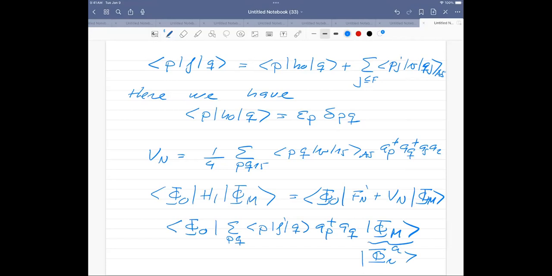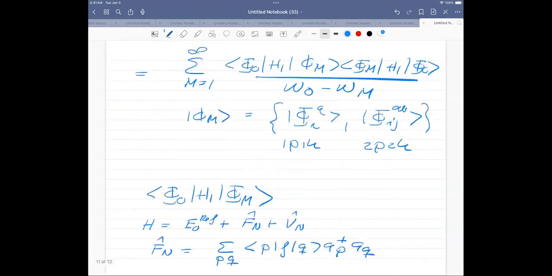So the only possibility here is that I'm looking at a specific contraction of the type AP, AQ of A of AI. And this is the only contraction which is possible. So this is an explicit one particle, one hole state contribution to that sum which we have here. So this is a sum of an infinity of states.